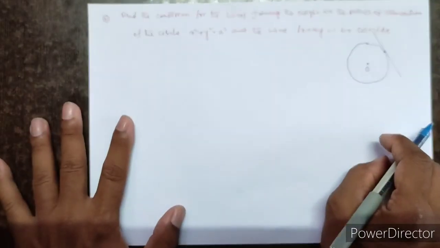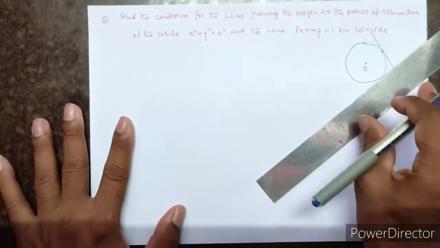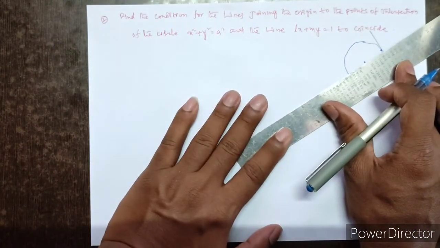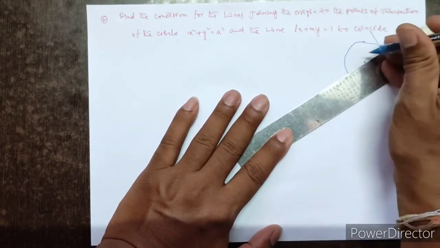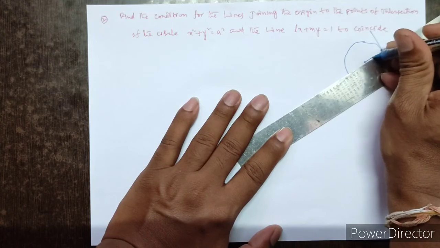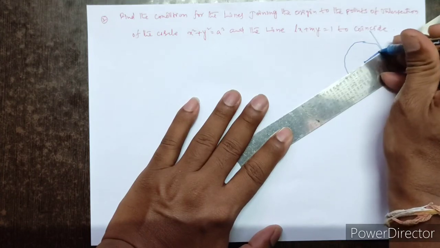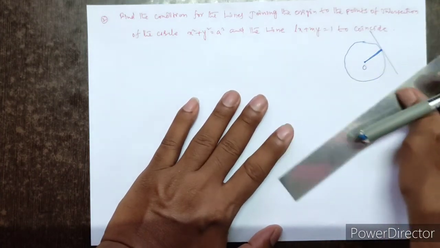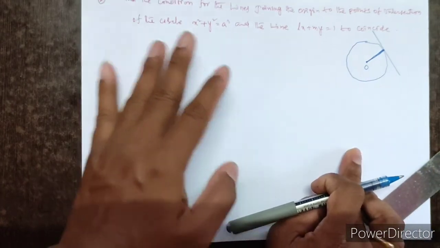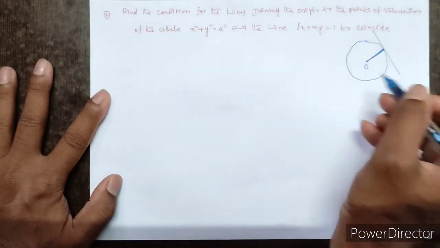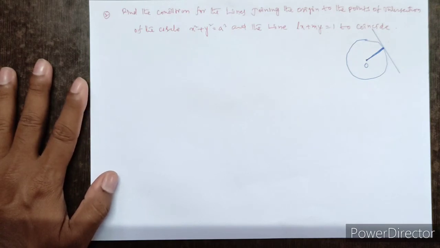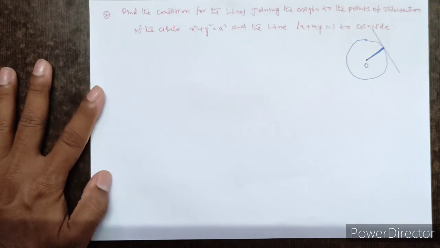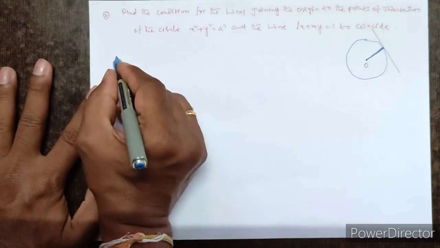The pair of lines coincide, that means these two lines coincide. See the solution.